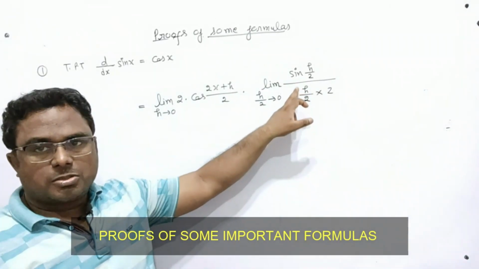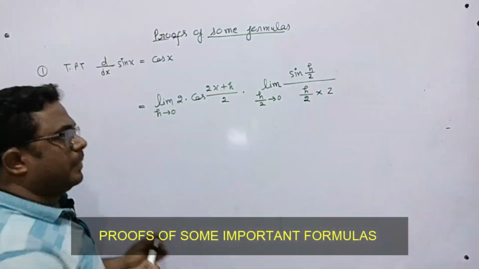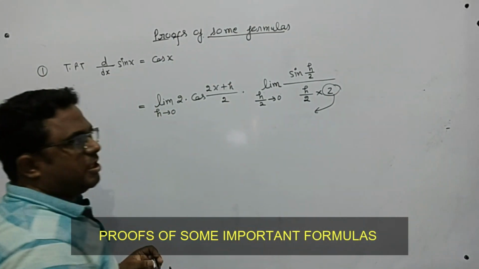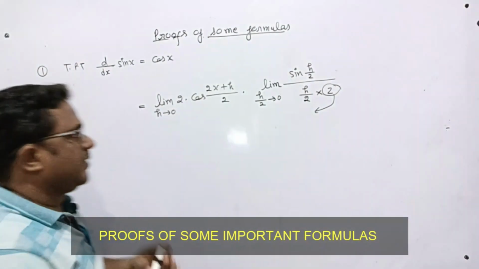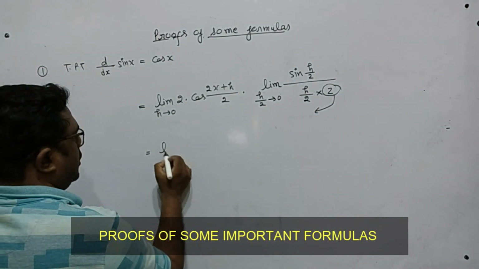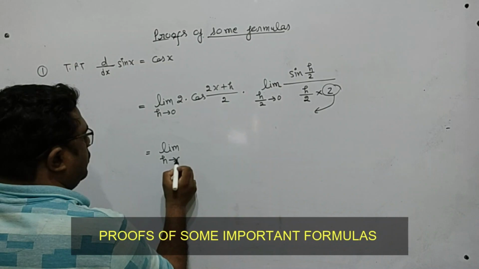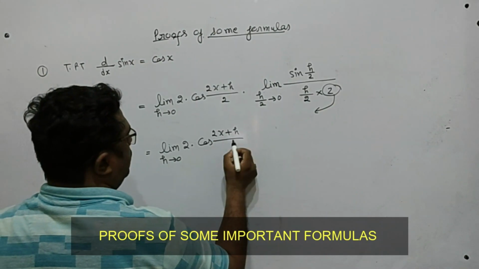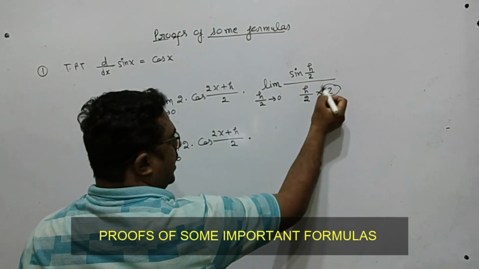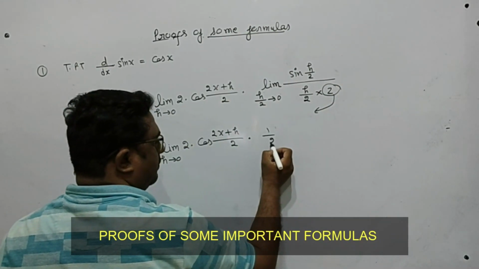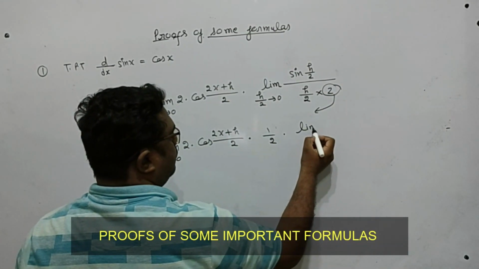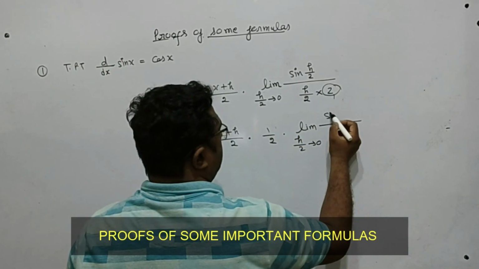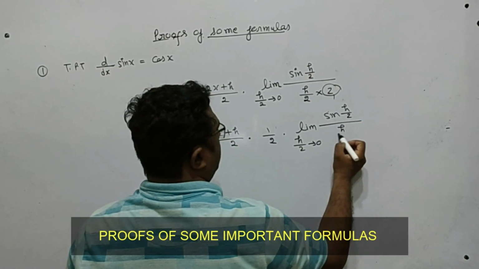Here it was h, so I divided it by 2 and multiplied by 2. Now this 2 will be taken outside because it is a coefficient, and a coefficient can go out of the limit. So equal to limit h tending to 0, 2 into cos((2x + h)/2) into, now carry this to outside, half into limit h by 2 tending to 0, sin(h/2) upon h/2.